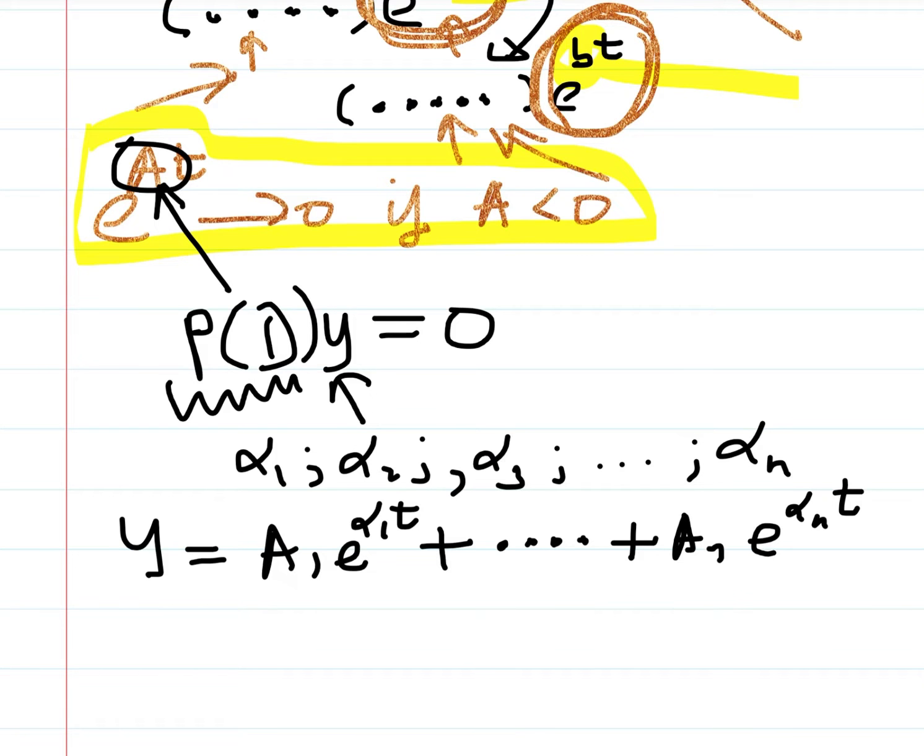That's how we constructed these solutions of the homogeneous differential equation, where the right hand side is 0.